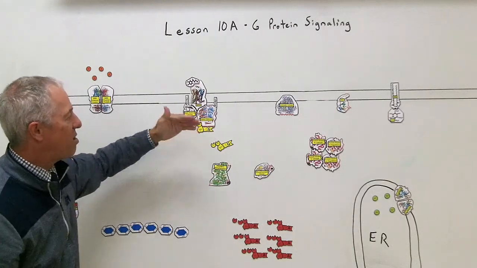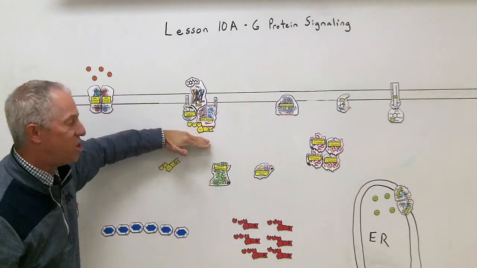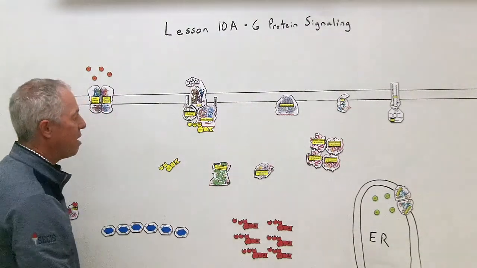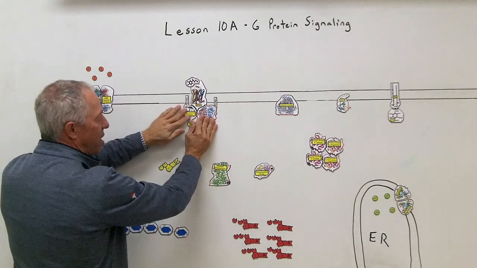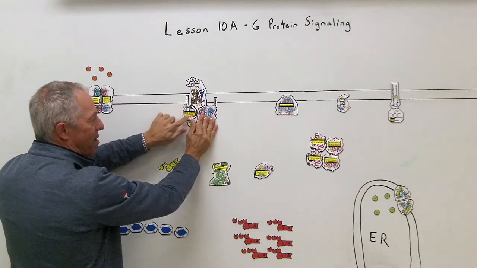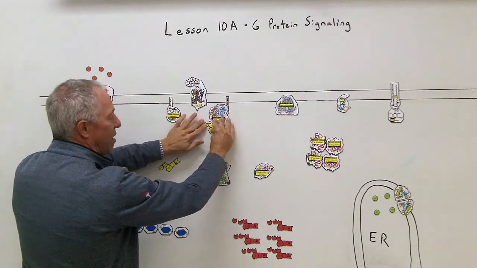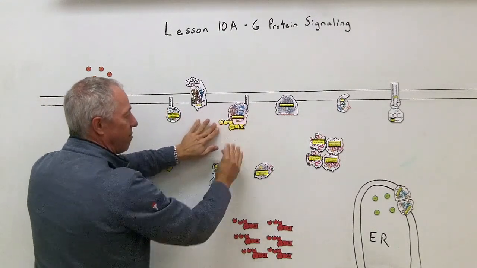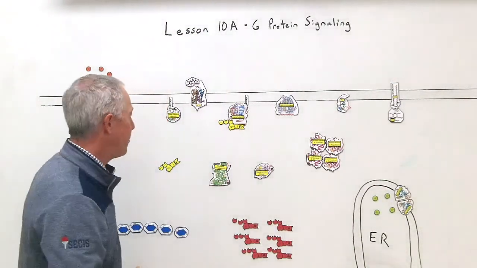That's why it's called a G protein, it's activated by this GTP molecule. When that happens, very often the alpha subunit and the beta gamma subunit will break away from one another and travel through the membrane. That's what happens in this case with epinephrine.